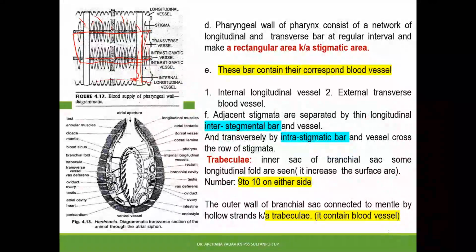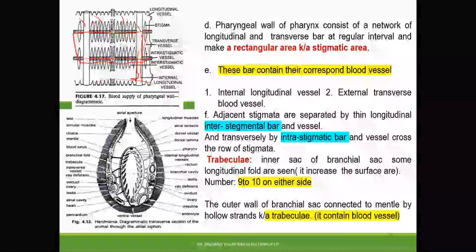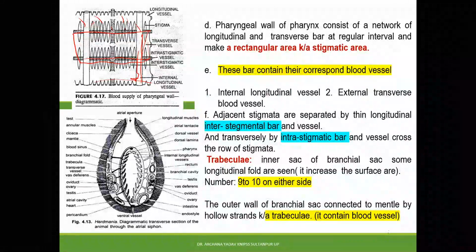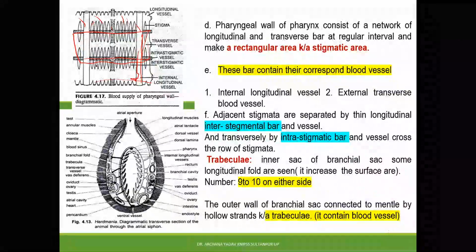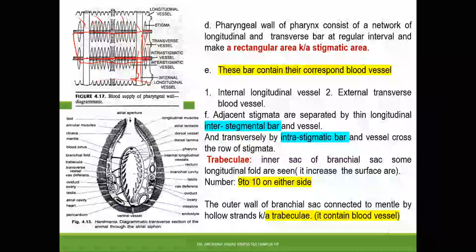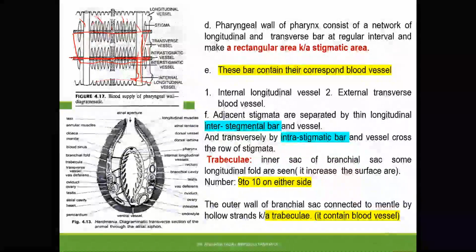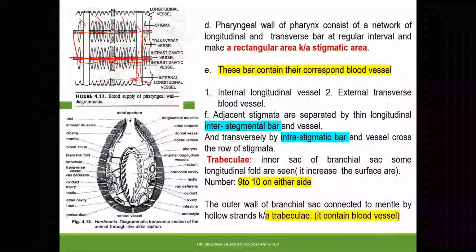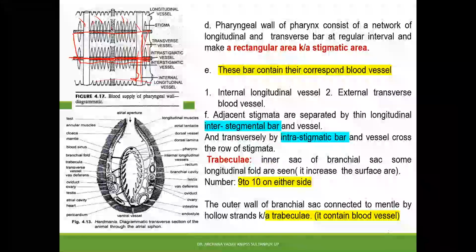This longitudinal stigmatal bar or vessel is present between two different stigmata, and the transverse one is the intrastigmatic bar, meaning between the same row of stigmata.